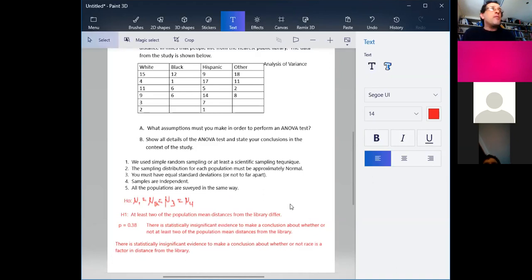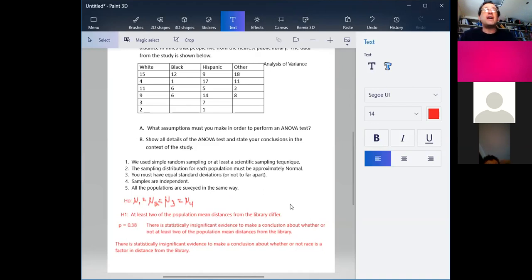And that's another way of saying it, is we say, is this a factor in the other thing? And the ANOVA test tells you, yes, it's a factor, no, we don't know if it's a factor. And in this case, we don't know if it's a factor. Okay, the races may all be the same in terms of distance from the library, or maybe not.